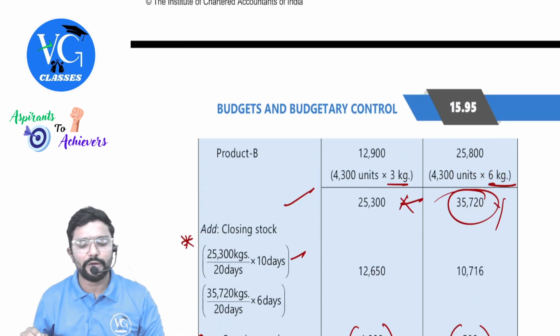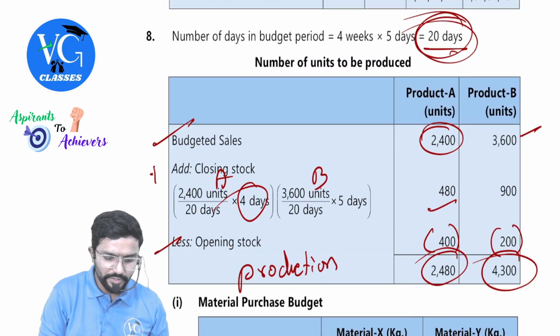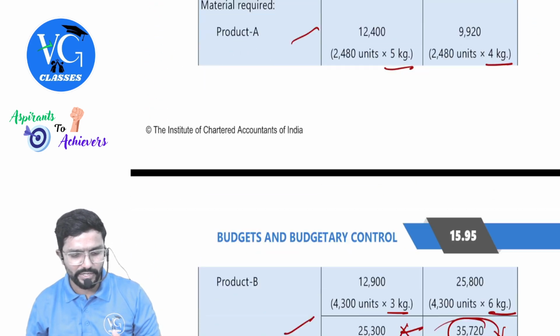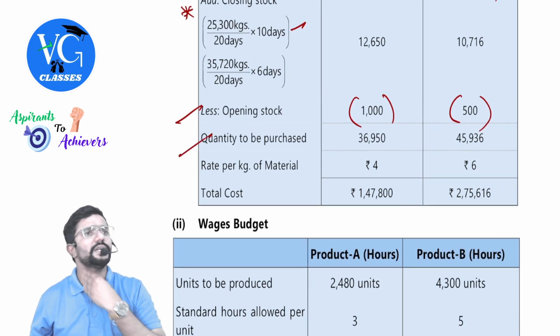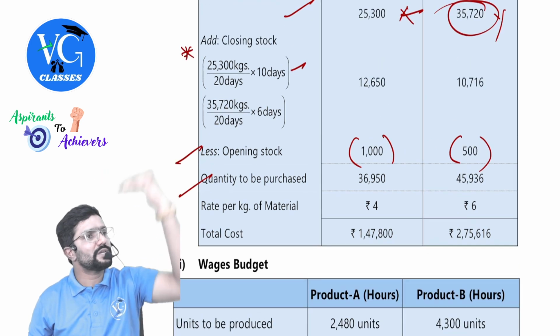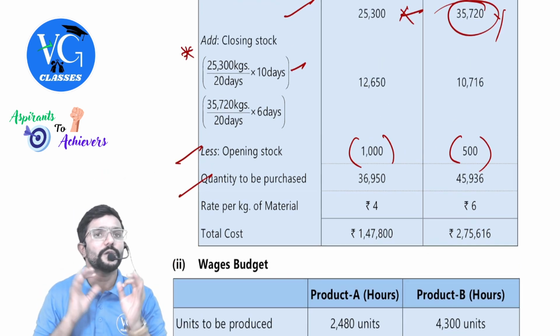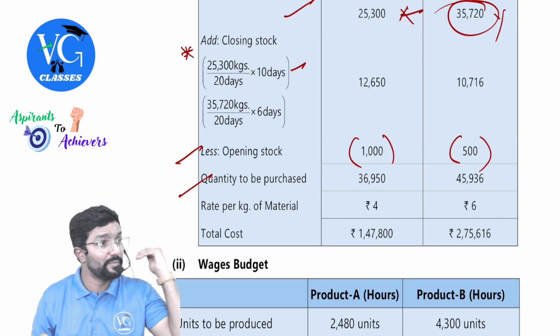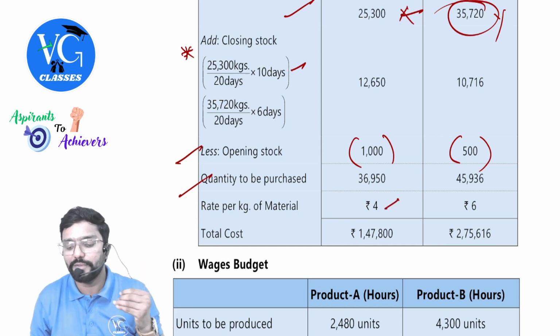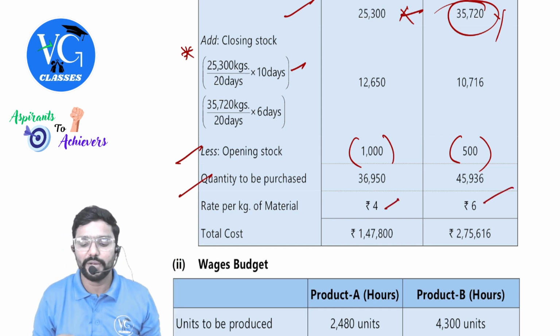Guys, all this you have to mark with a star. Did you? No, sir. Without me telling, okay, nice. So quantity to be purchased: we got consumption plus closing stock minus opening stock will give us what? Raw material to be purchased. And price, I had written that, they had given below the table: 4 rupees per kg, 6 rupees per kg. Multiply both.